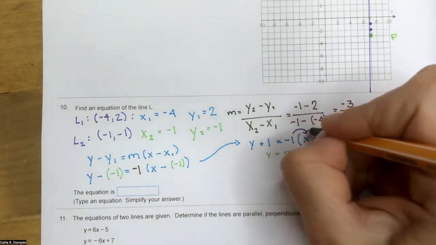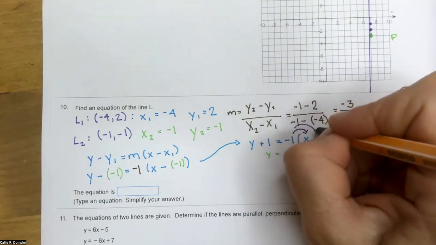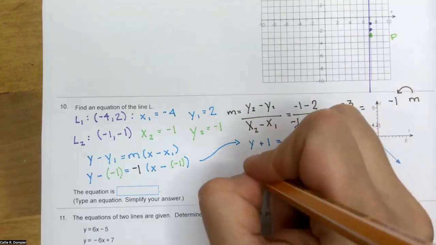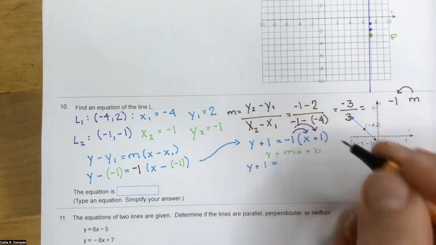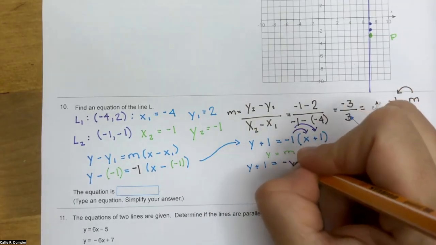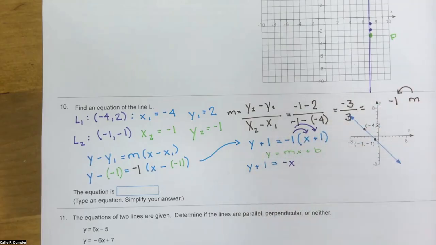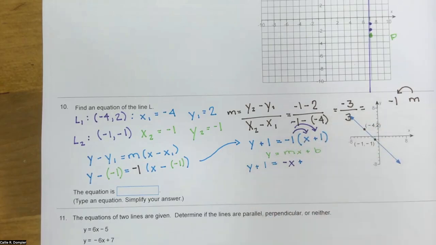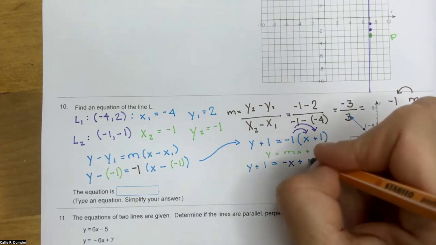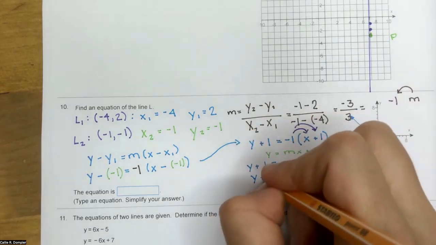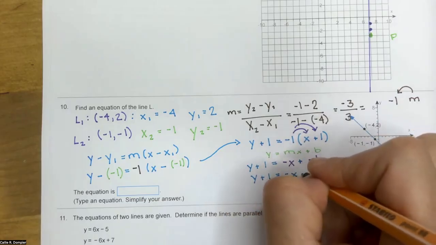That's going to be multiplied by that and by this as the next step. So we have y plus 1 equals -1 times a positive x means negative x, and then that was a plus sign, right? Negative 1 times positive 1 is going to be negative 1. Good. We can rewrite this as y plus 1 equals negative x minus 1.